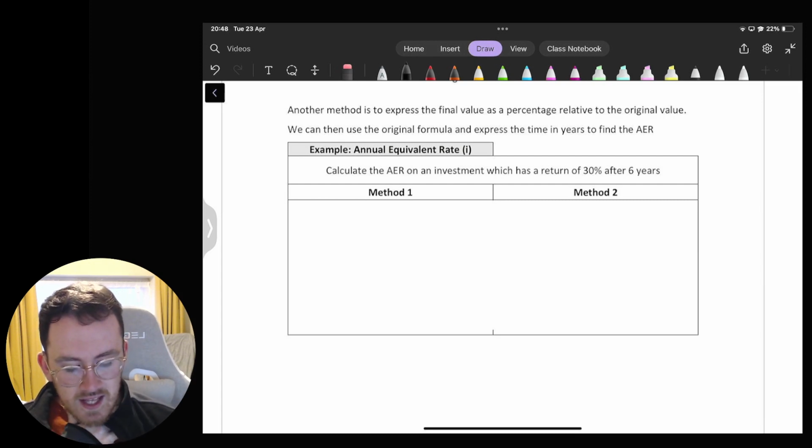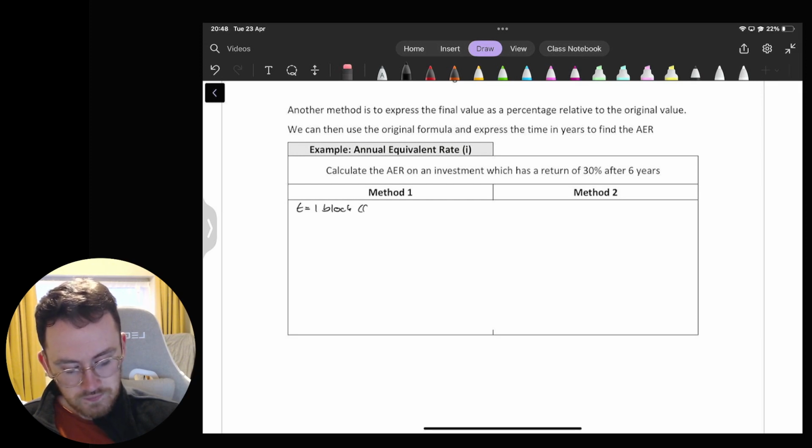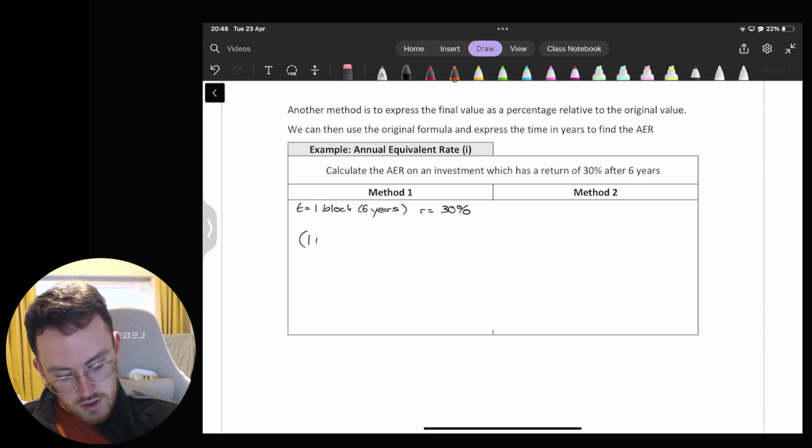Calculate the annual equivalent rate on an investment which has a return of 30% after 6 years. What they're really telling us here is that for a length of one block of 6 years, the rate that I have is 30%. So (1 + R)^t equals (1 + I)^t.